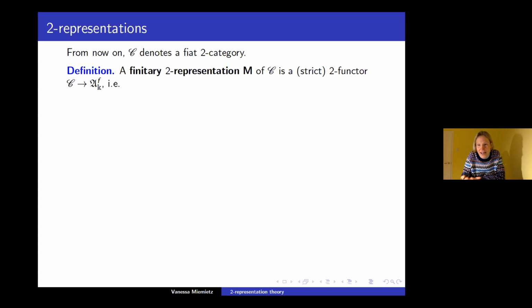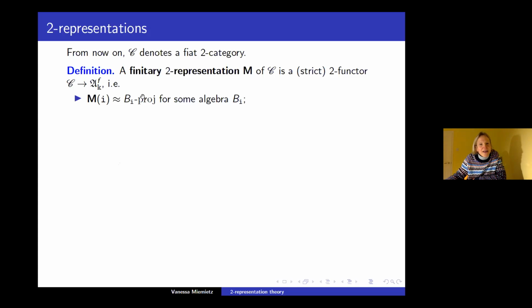The reason why we have algebras act on vector spaces is because when we view it as a category, the algebra is a vector space.